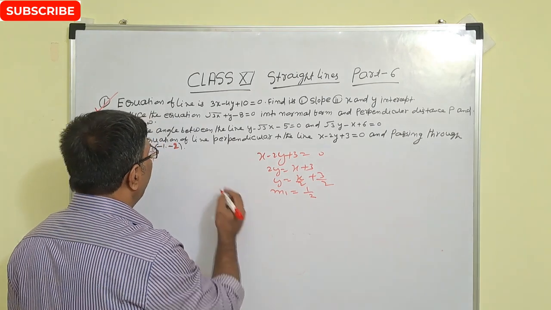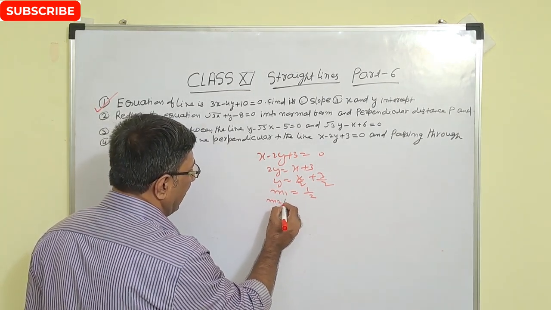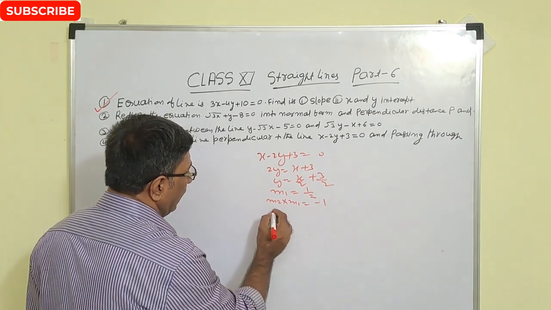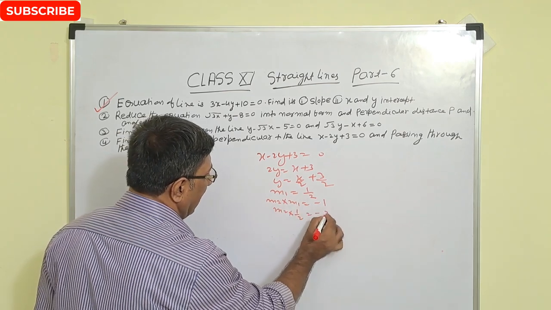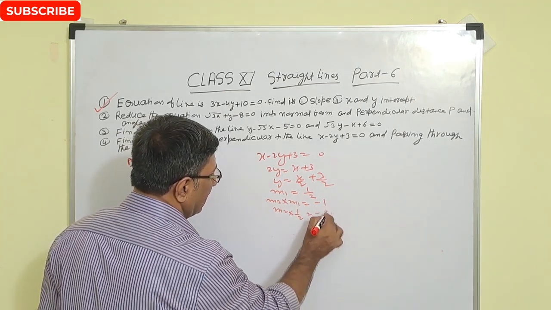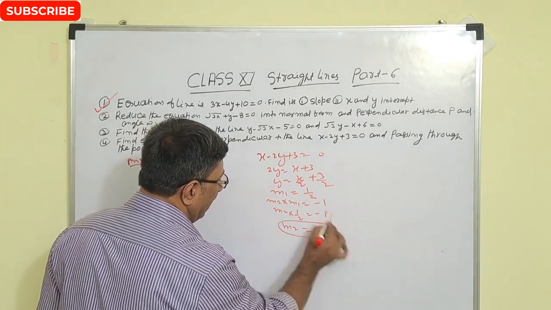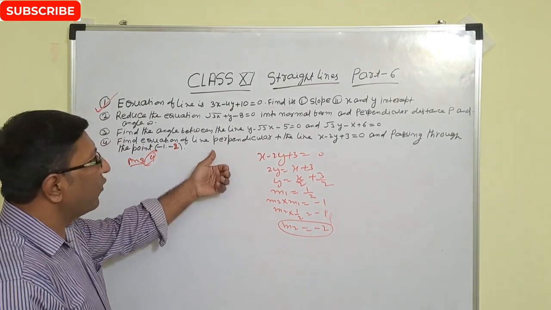Now slope of required line, suppose m2. So perpendicular, so m2 into m1 equal to what? Minus 1. So m2 into half is minus 1. So this is minus 2. So slope of required line will be what? Minus 2.